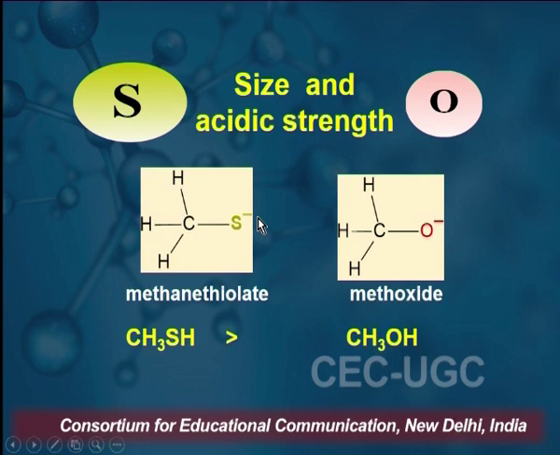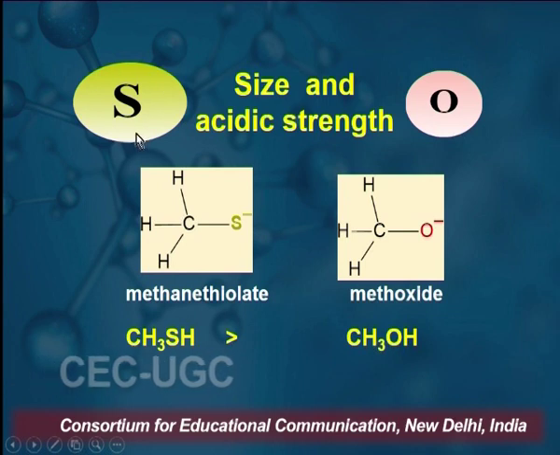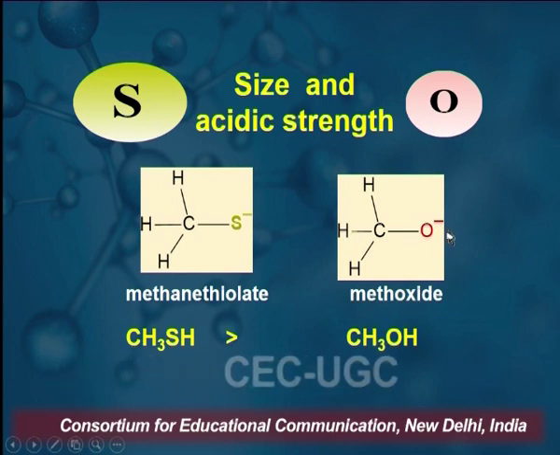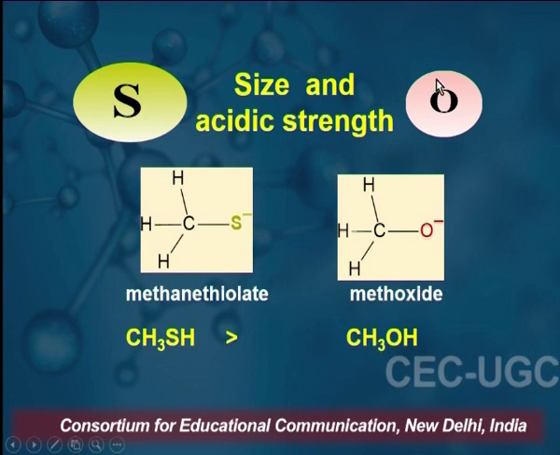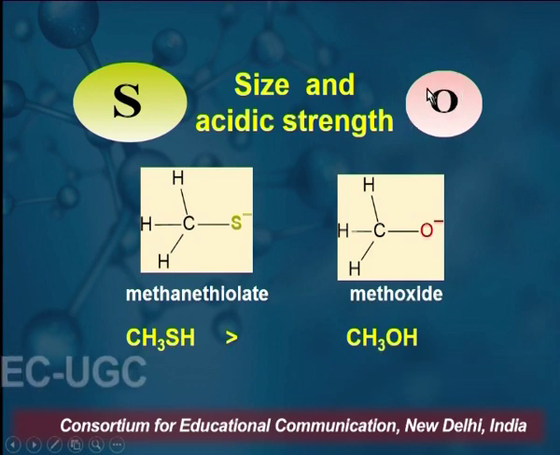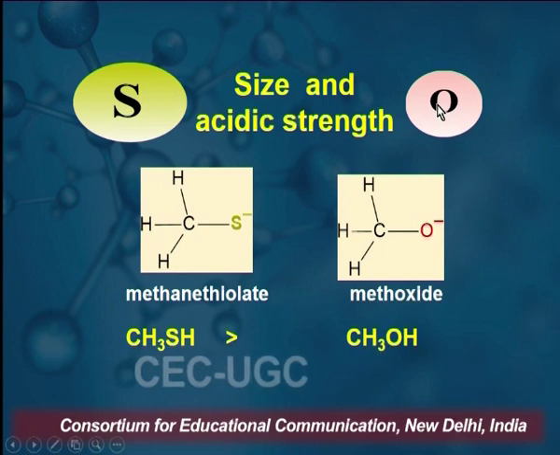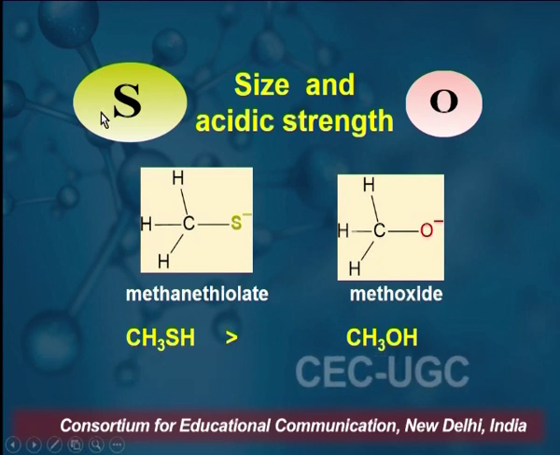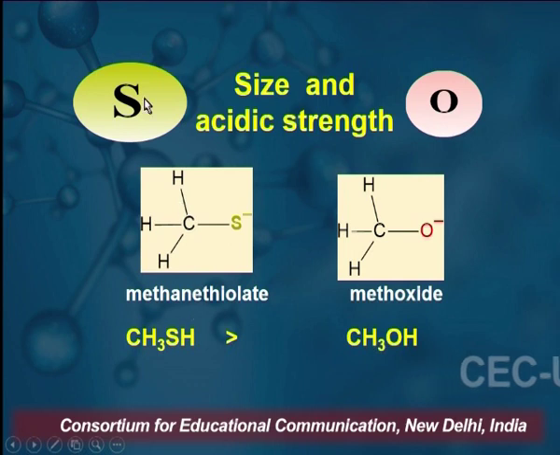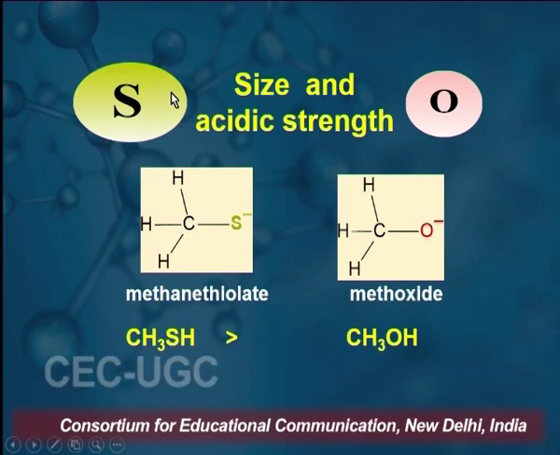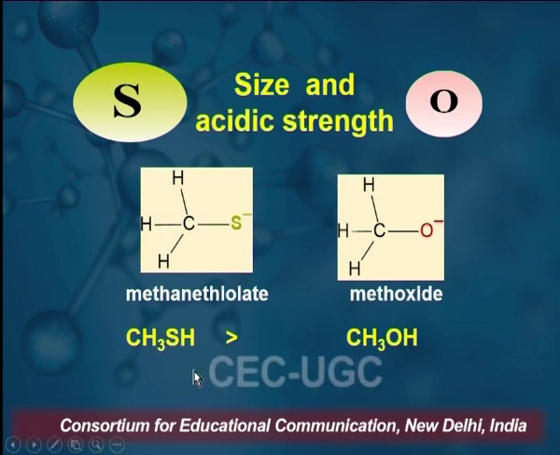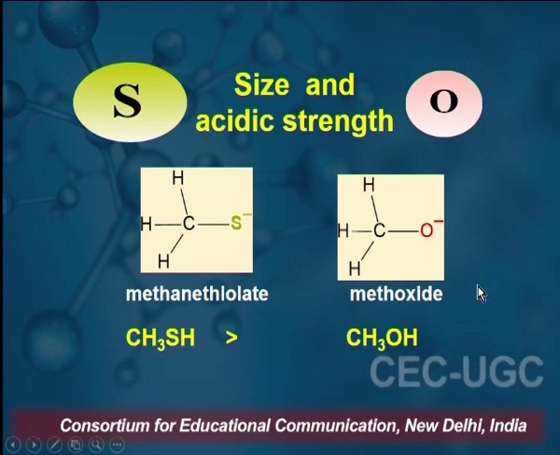So, the negative charge is delocalized over a larger surface area and therefore, its stability will be more. In case of oxygen, the same negative charge is delocalized over a smaller surface area because the size of oxygen is less than sulfur. So, methane thiolate ion will be more stabilized because of the bigger size of sulfur and therefore, methane thiol will be more acidic than methanol.